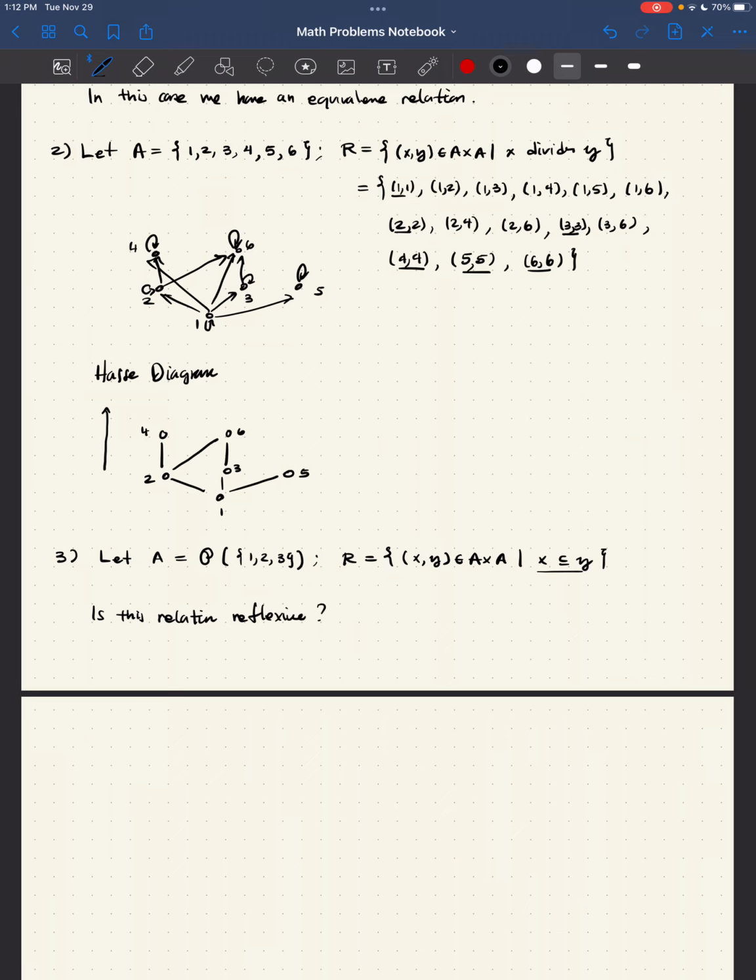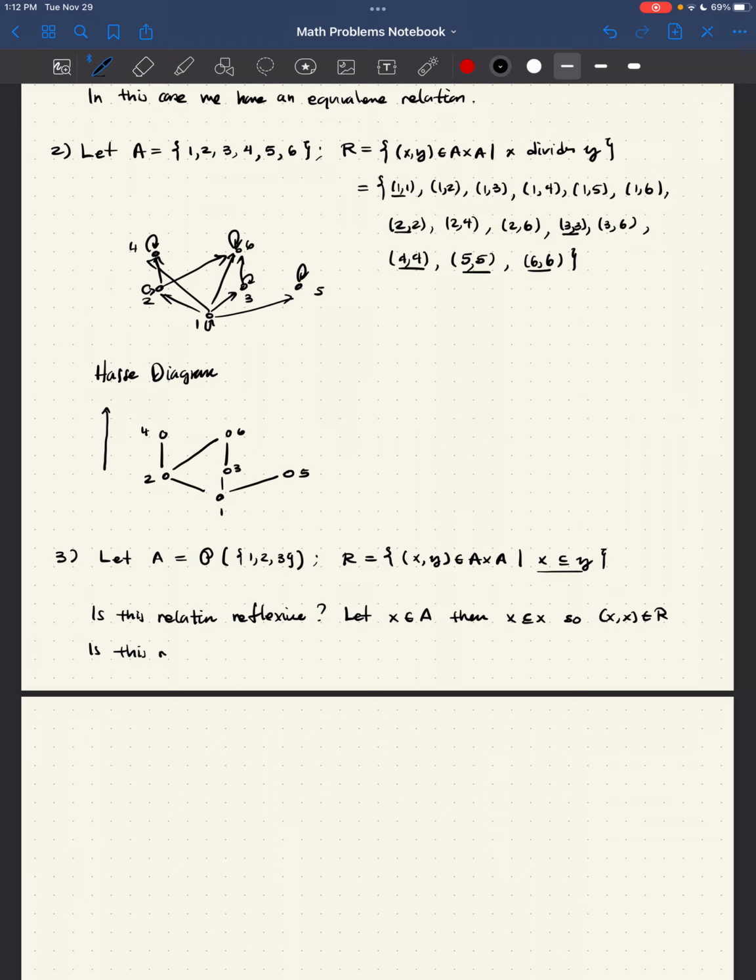Well, sure. And how can I demonstrate that? Well, in the following way. Let X be a member of A. Then X is a subset of X. So, X comma X is in R. Okay, the relation is reflexive.